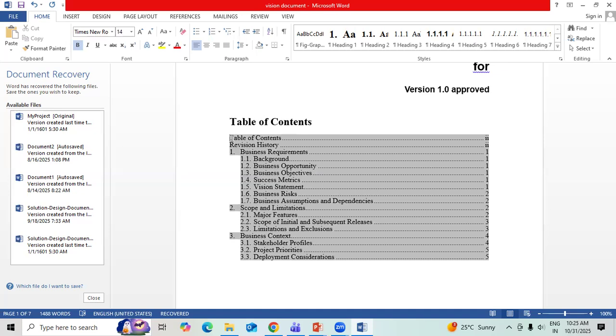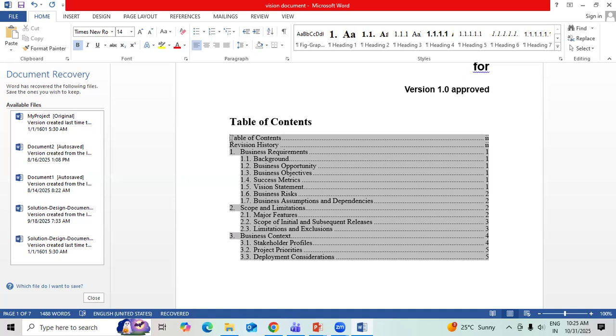Because, as I mentioned, aligning to the business goal, scope, and objectives of the customer must be the high priority item. So business objectives are one of the key things to be addressed, including success metrics, like the critical success metrics that are to be followed.